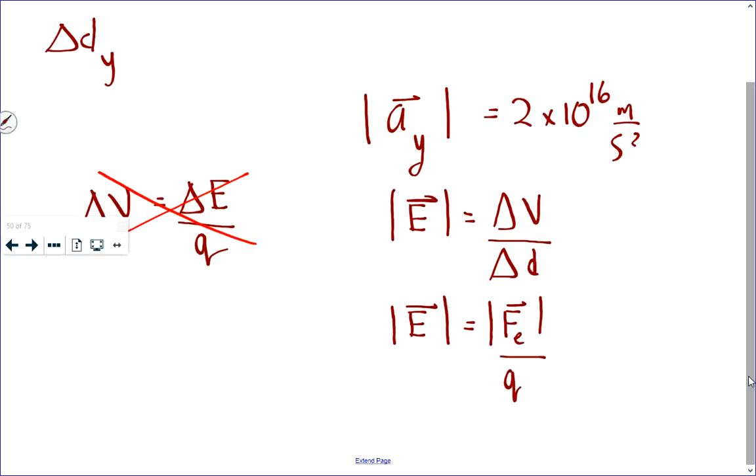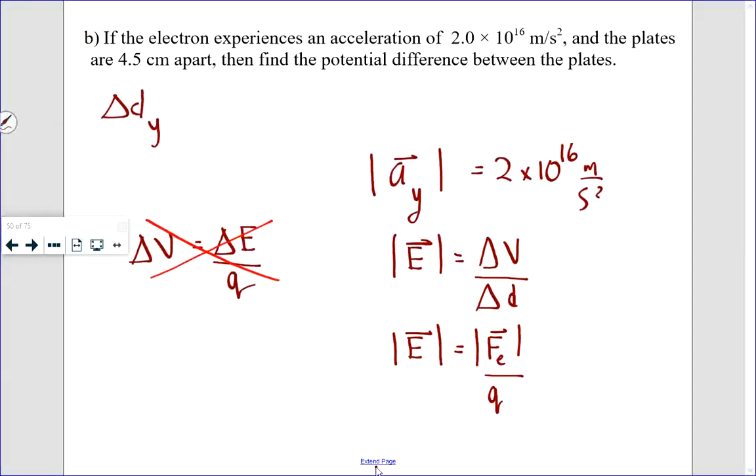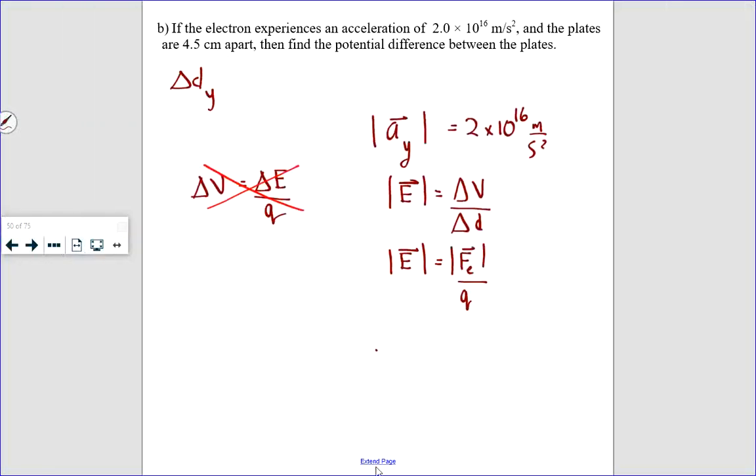But the electric force is the net force, which is equal to ma. Now we're getting somewhere. Because I know the acceleration and I know the mass, so I can calculate the net force.